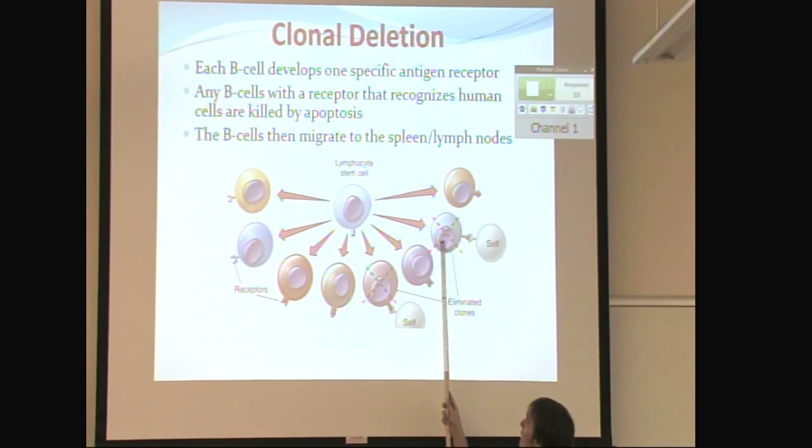So they're eliminated. That's what these little X's are. Very important, because if you made B cells that attacked your own cells, you could die, basically, or have your kidneys stop working, or who knows. That's clonal deletion. After that, those B cells go to the lymph nodes and wait for an infection to happen.